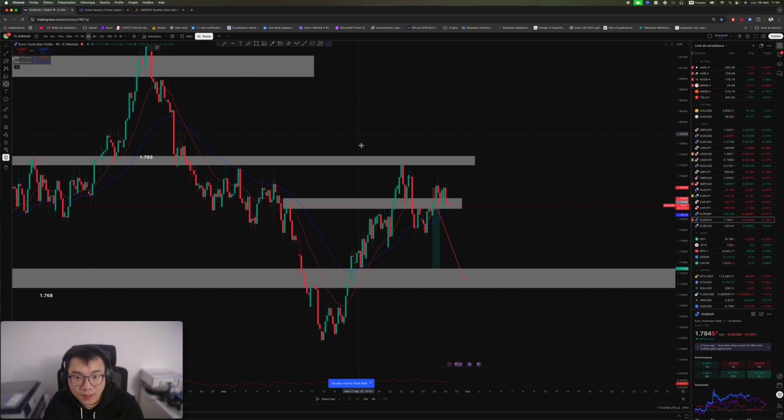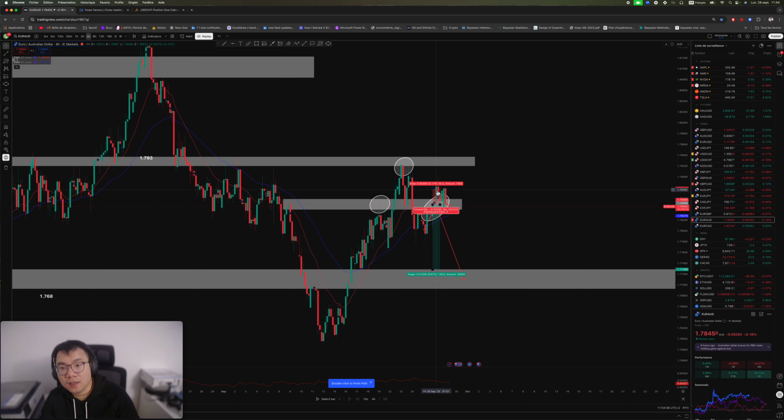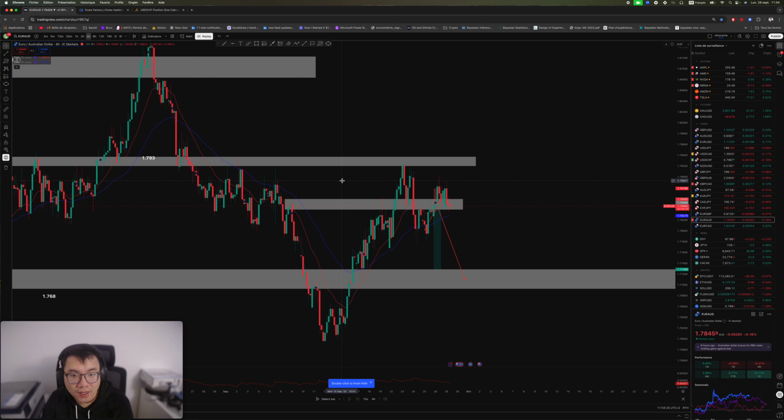Also, you can see that this can be considered a head and shoulders, right? But unfortunately, price just broke above my stop loss, and it seems now price once again went back in my favor. So that was very unfortunate, right? Very unfortunate.